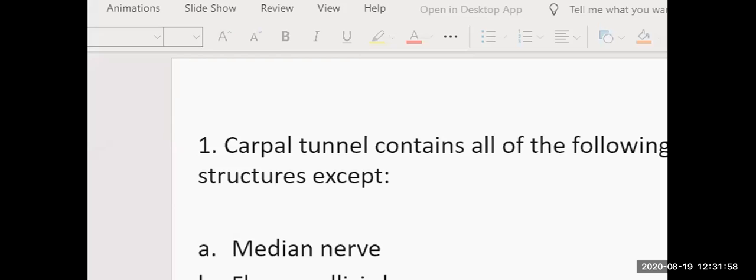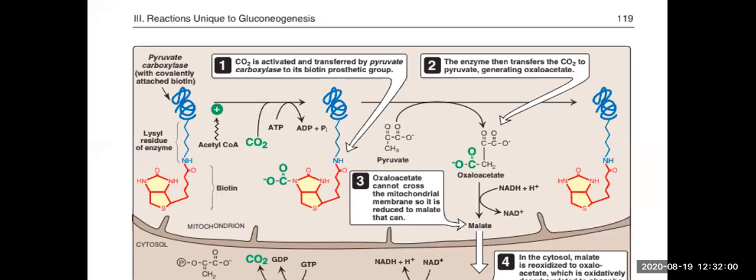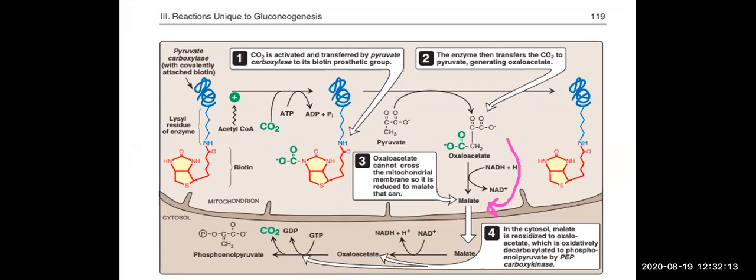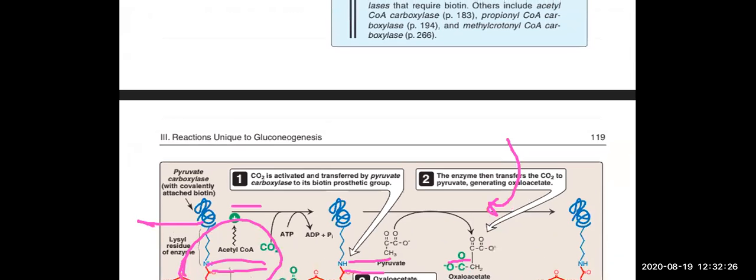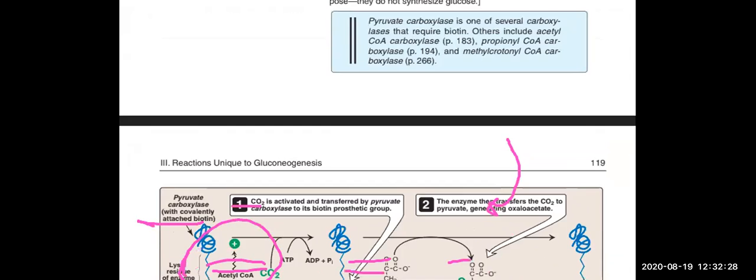So the same thing is going to happen over here: oxaloacetate is being converted to malate. Then this malate, from the mitochondria, will move to the cytosol. There it will be converted to oxaloacetate again, and then to phosphoenolpyruvate.